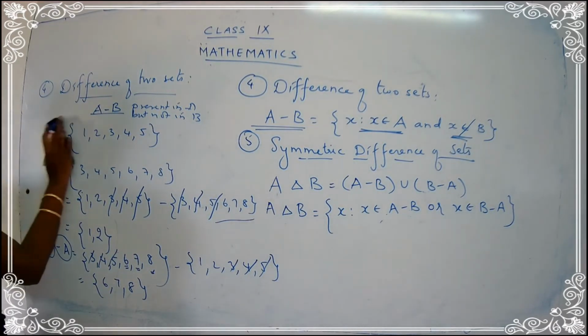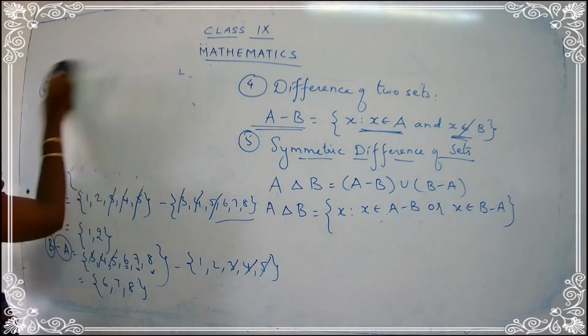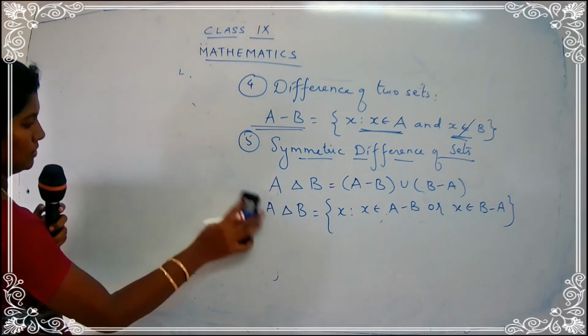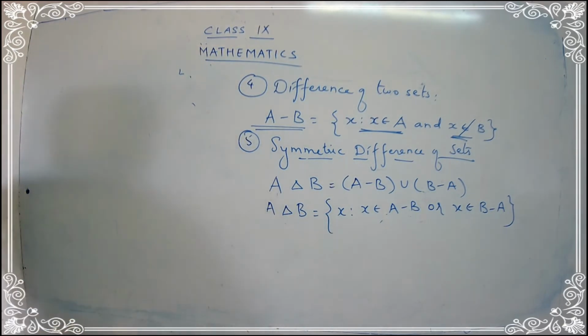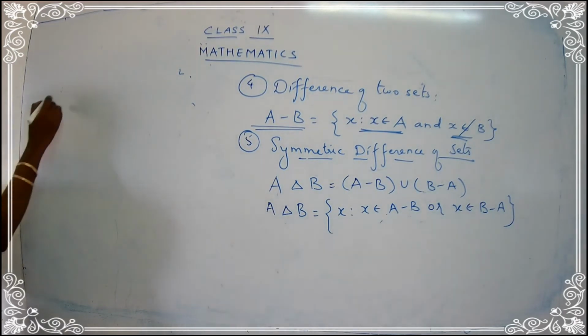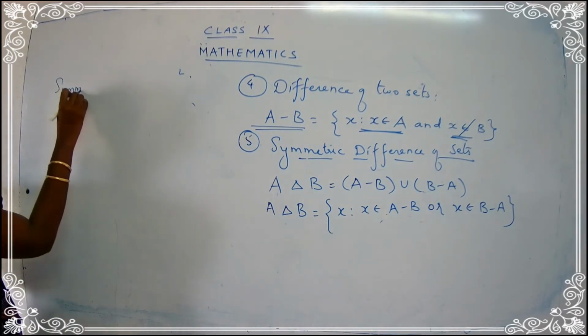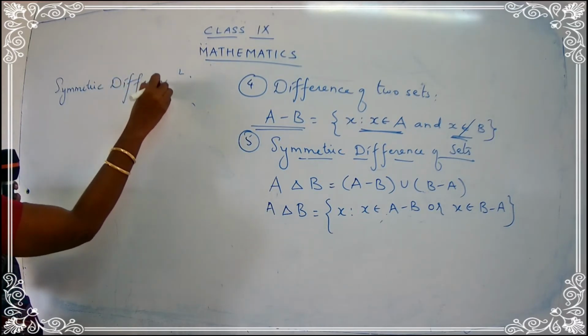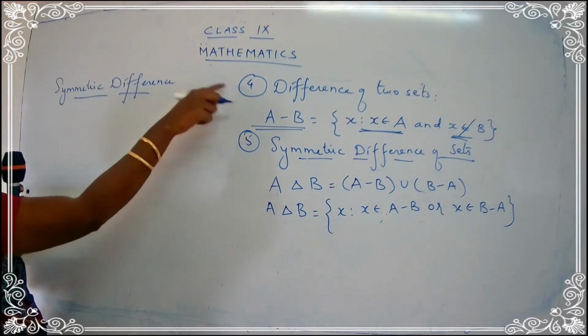Let's come to the last operation over here, that is the symmetric difference of two sets. I have told you that there's a difference between this fourth point and fifth point.